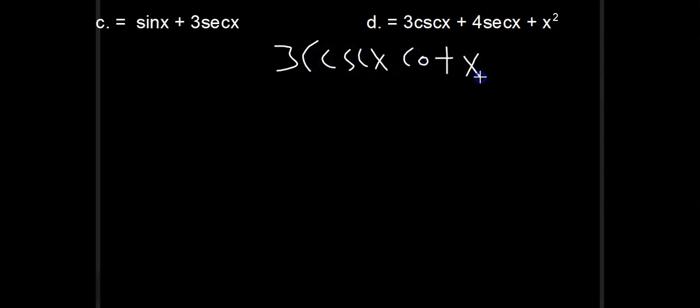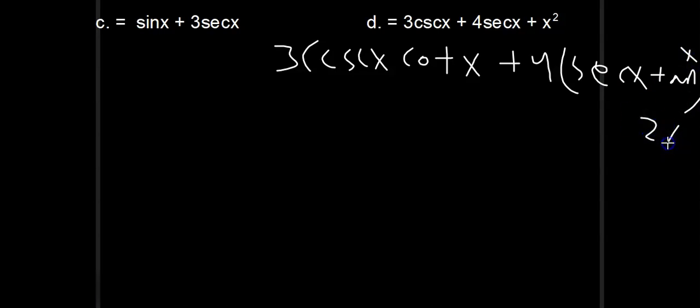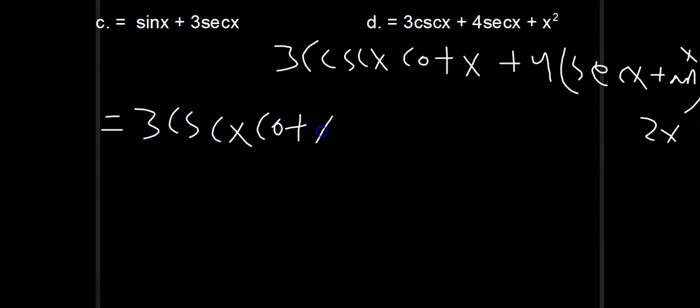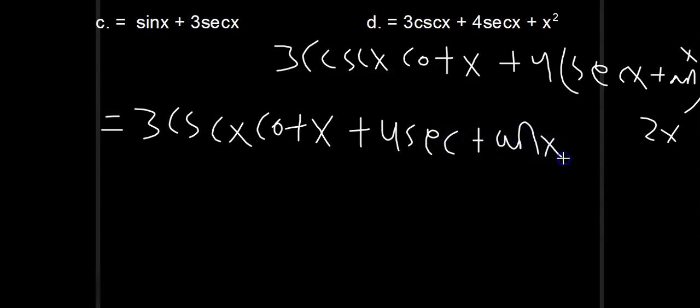And then plus, the derivative of sec x is sec x tan x. And lastly, the derivative of x squared is 2x. So I'm going to write this whole thing over here: 3 sec x cos x plus 4 sec x tan x and 2x.